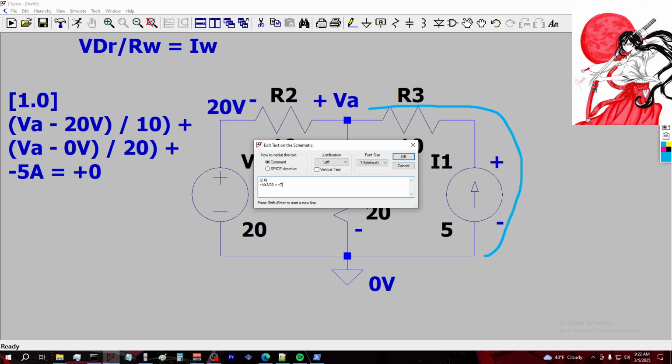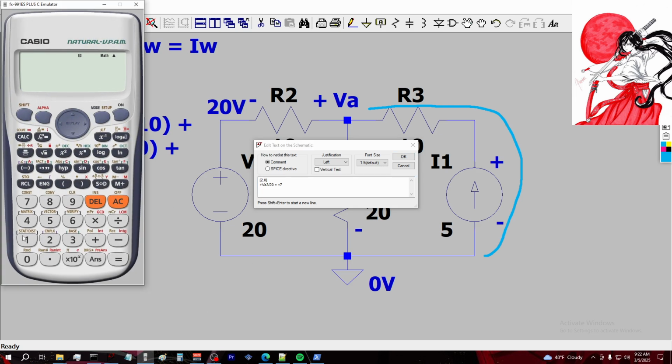Now we want to do basic algebra again. 20 times 7 is 140. 140 divided by 3, I don't even think that's possible. Is that possible? 140 divided by 3.